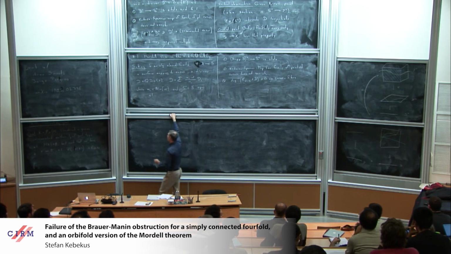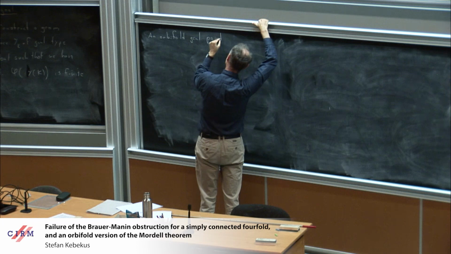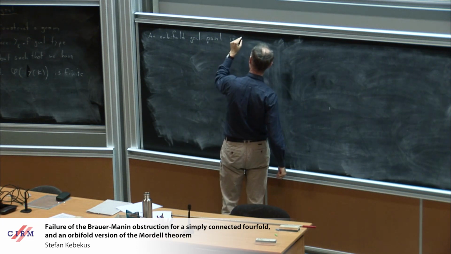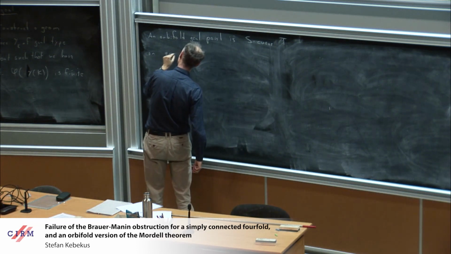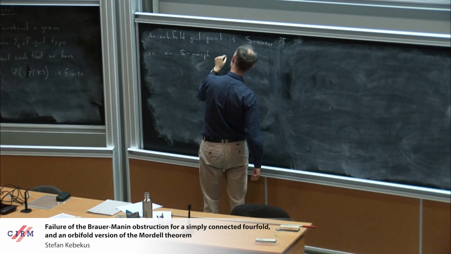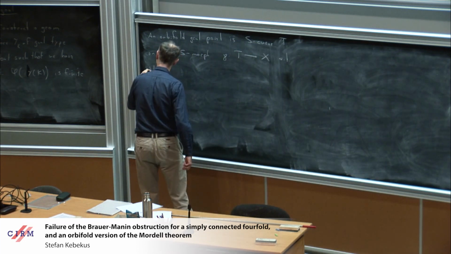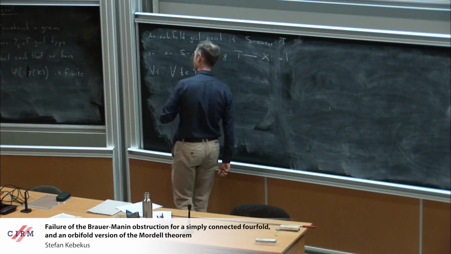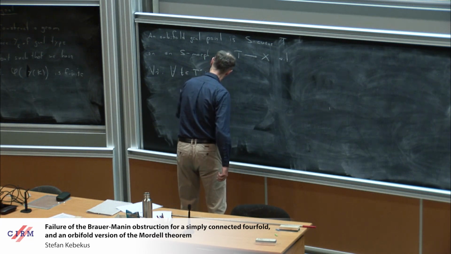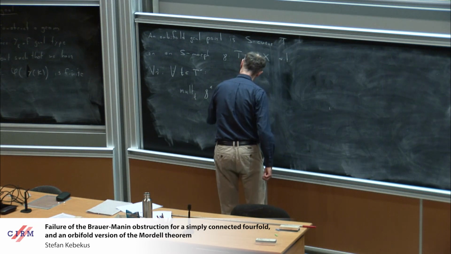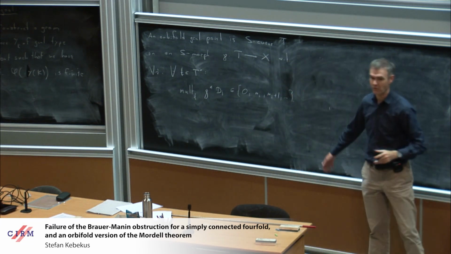So, an orbifold integral point. So this is an S curve T and an S morphism gamma from T to X such that for any index i and for any point over the open set, we have that the multiplicity in T of D_i is either 0 or m_i or m_i plus 1 or higher than that.